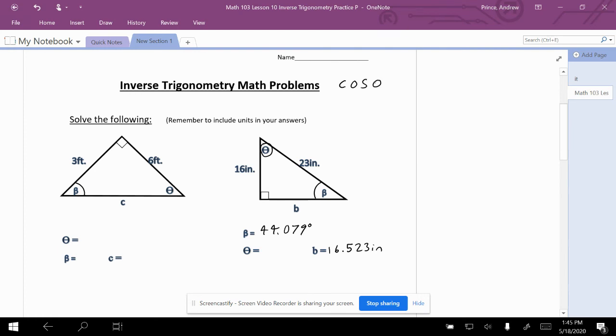So cosine of theta equals adjacent, which is 16, over hypotenuse, 23. Very similar to what we did last time, but before we were using sine, now we're using cosine. Now we can use the same thing. We'll go ahead and get rid of this and just change it to inverse cosine 16 over 23.